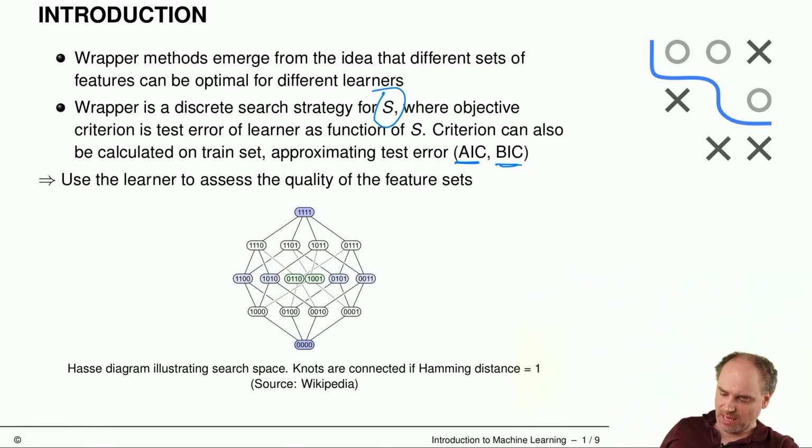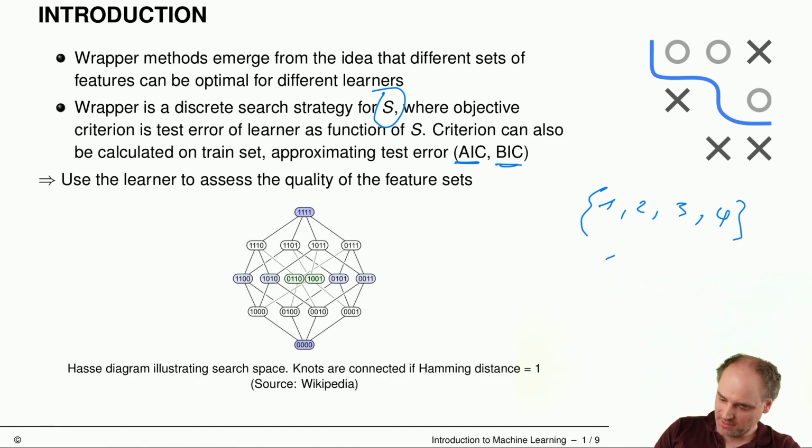Now, what is our search space going to look like? You can either say, well, I have my features here, let's give them some numbers, so 1, 2, 3, 4, and 5. Maybe I'm working on the iris data set, and these would be all of my features. Four is not a super large number, but it's easy to work with on a slide here. And I can now create subsets.